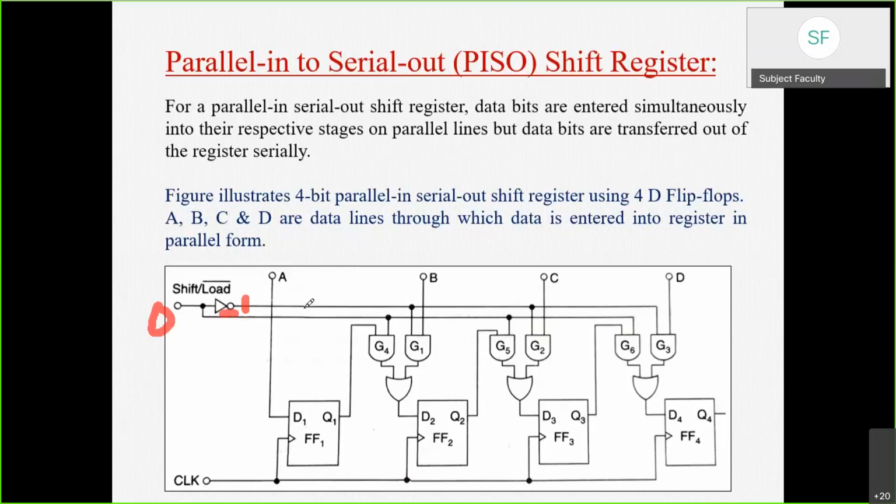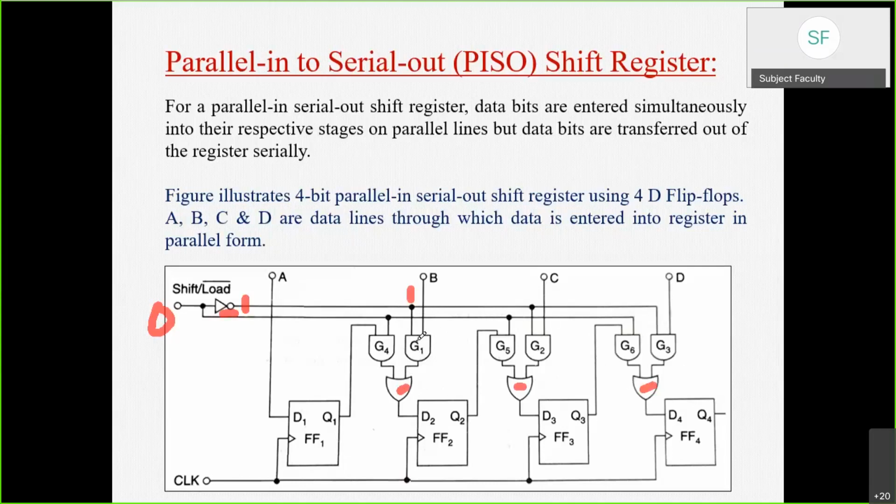You can clearly see that this point is connected to this line, which means it is also 1. It is one of the terminals of the AND gates G1, G4, G2, G5, G3, G6. These all 6 are AND gates, followed by 3 OR gates: 1, 2, 3. So there are 6 AND gates and 3 OR gates.